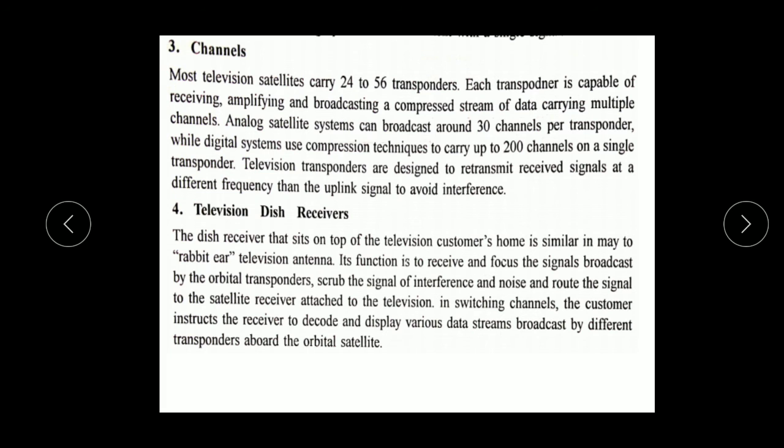We move this antenna to a particular direction according to the transponder. It passes the signal, free of interference and noise, to the satellite receiver attached to the television. In switching channels, the customer directs the receiver to decode and display various data streams broadcast by different transponders on the orbital satellite.